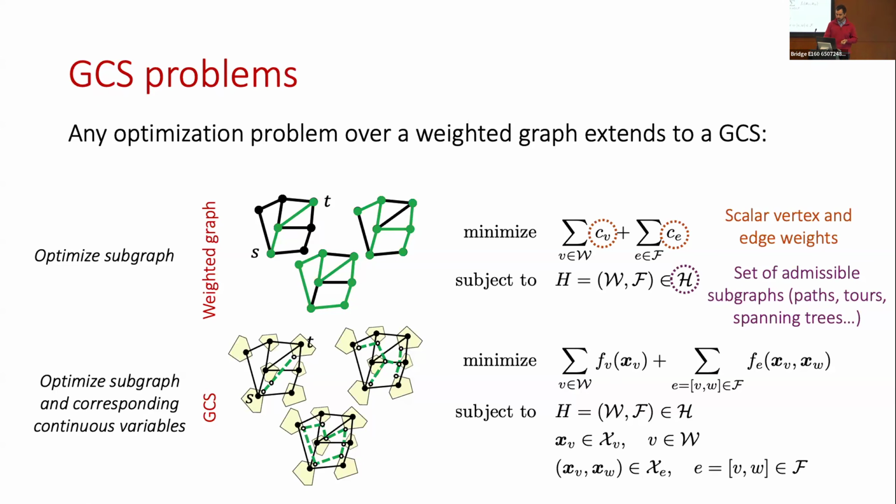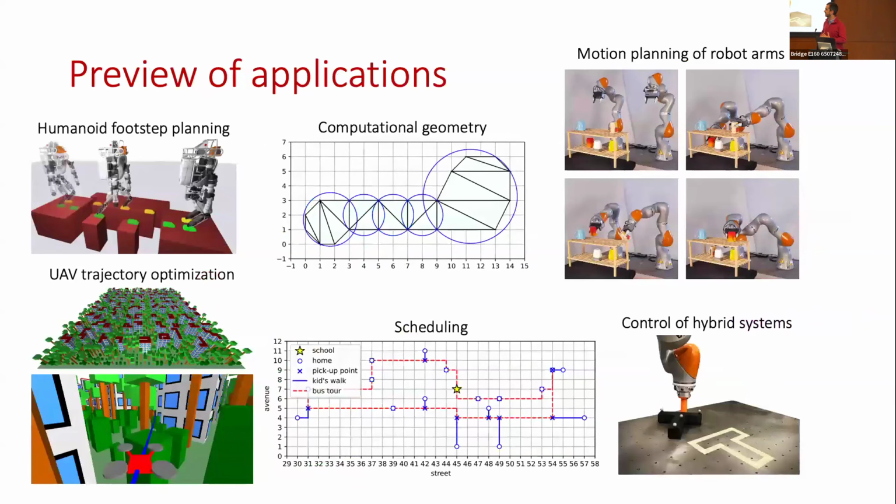Okay, so you can imagine that a variety of practically relevant problems can be formulated as some sort of GCS problem. I come from a robotics background, and we have applied this kind of machinery in a wide variety of robotics problems. For example, humanoid footstep planning. You have a humanoid, and you need to select the areas where the humanoid is going to place its feet in order to arrive at a certain goal.